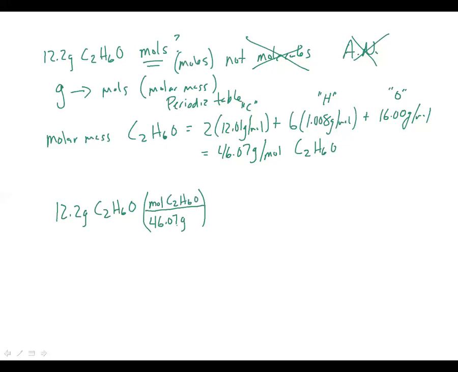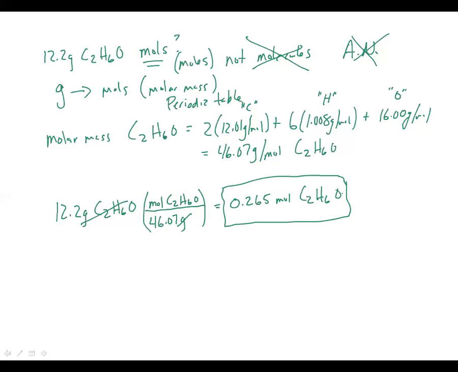The grams will cancel each other out, and that would get us 12.2 divided by 46.07, which is 0.265 moles of C2H6O, and this would be our answer, since here we are not looking for molecules, but are looking for moles.